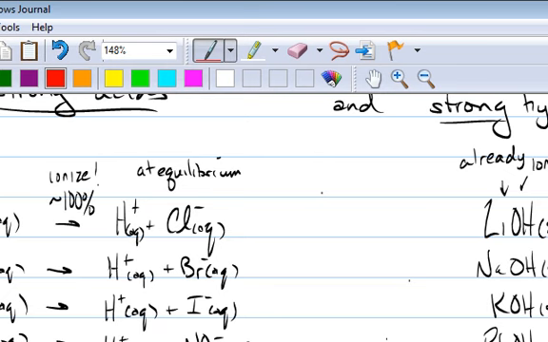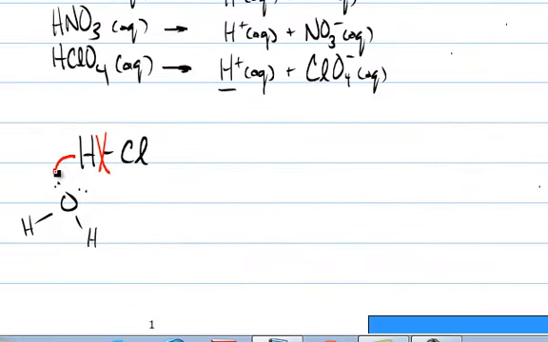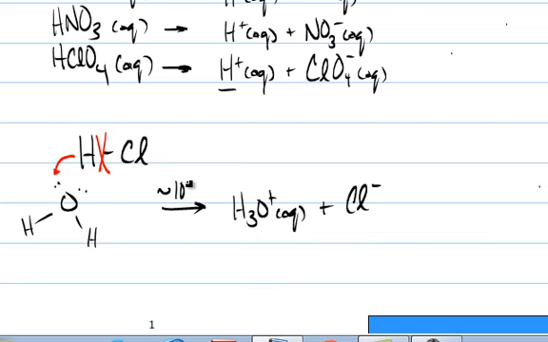So the 2 electrons shared between the H and the Cl will stay with the chlorine, and the H plus ion will form a covalent bond with the water, thus generating the hydronium ion. So you get H3O plus and the chloride, approximately 100% at equilibrium. Not showing the water in the above equations, we just abbreviate H3O plus as H plus.